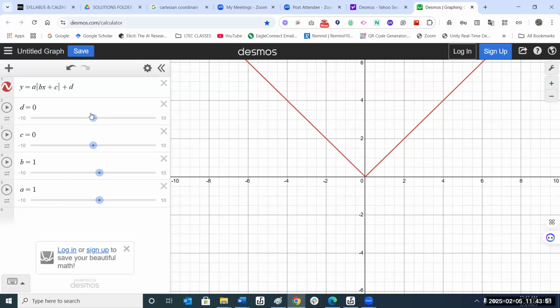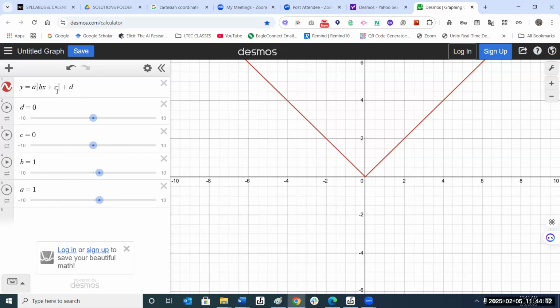If D is negative, why doesn't that flip directions of the graph? Yeah, D is a constant. It has nothing to do with X. It just takes whatever values your function has and adds or subtracts that value, so it either goes up or down. That's all it does.